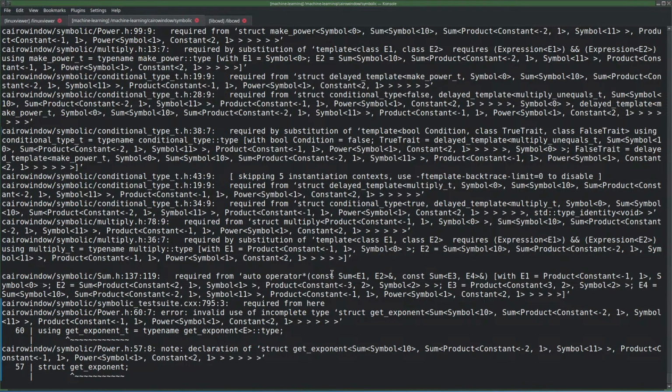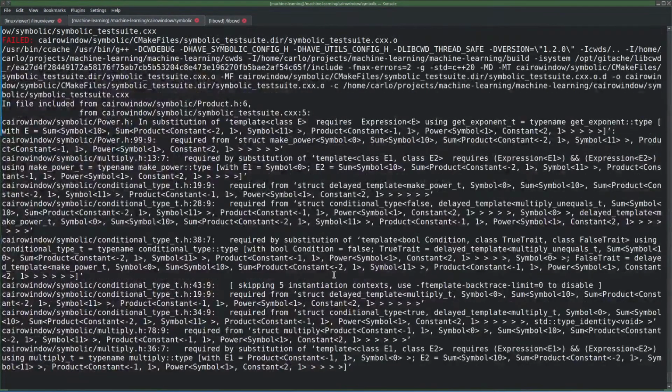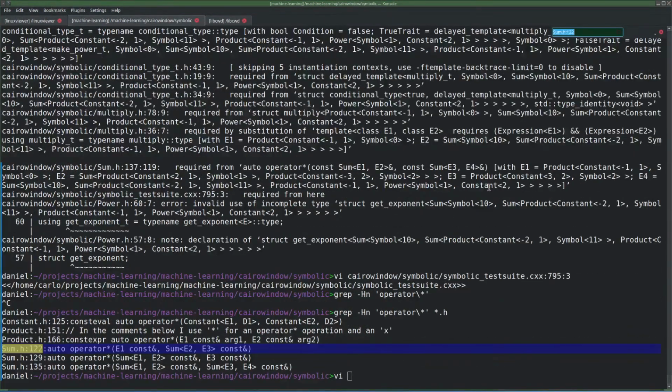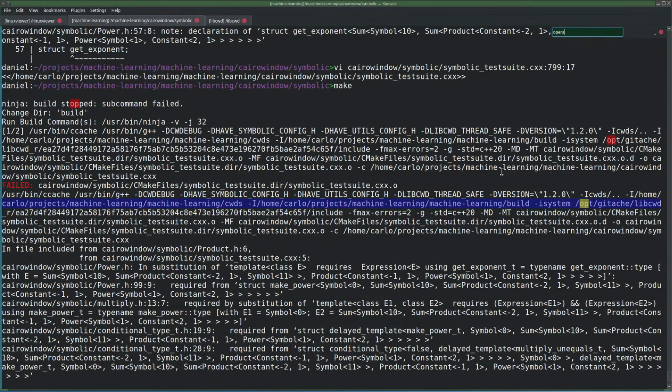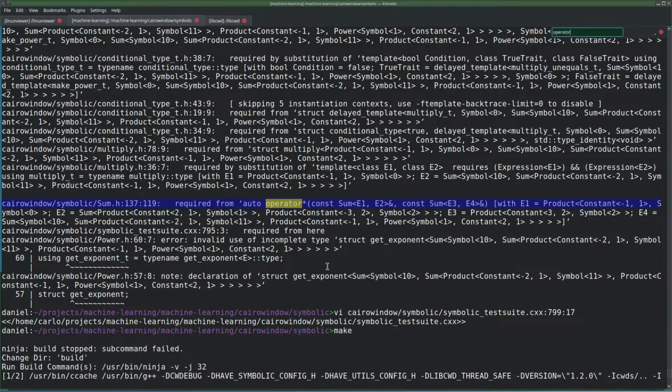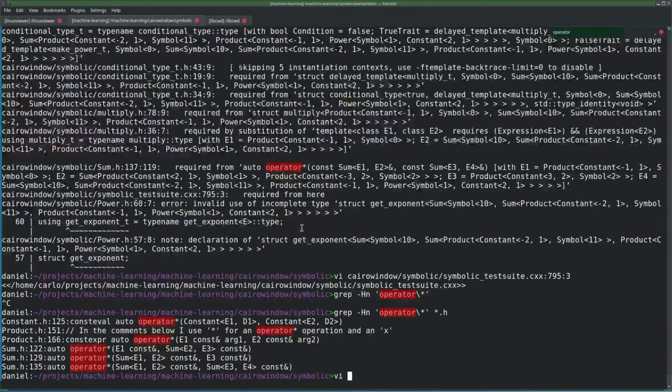Where's my operator star? I don't see it. There it is. That is a multiplication between, yeah, I knew that, but if I scroll down, we get, okay, same. Sum. So definitely should be this operator here.